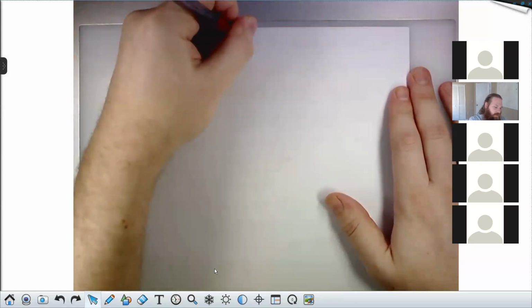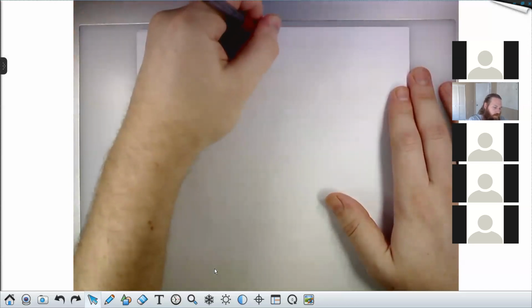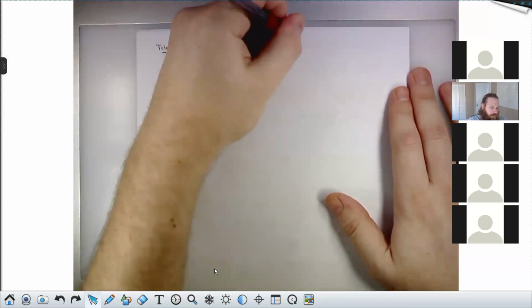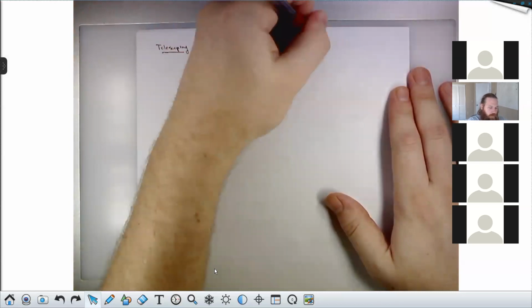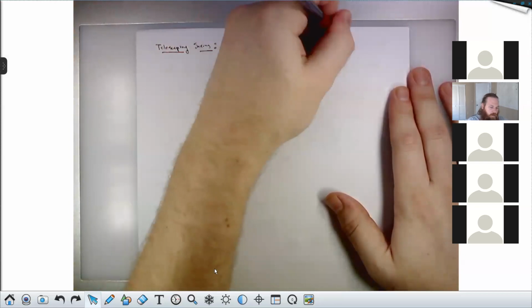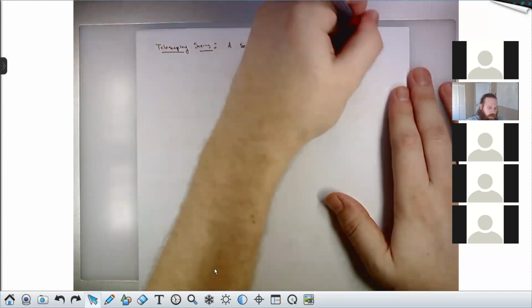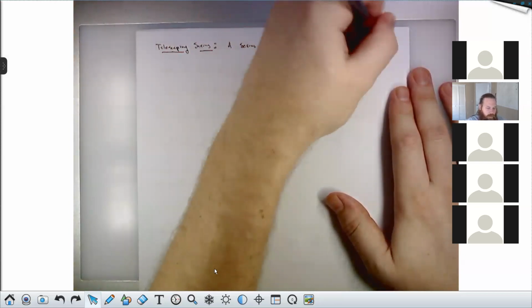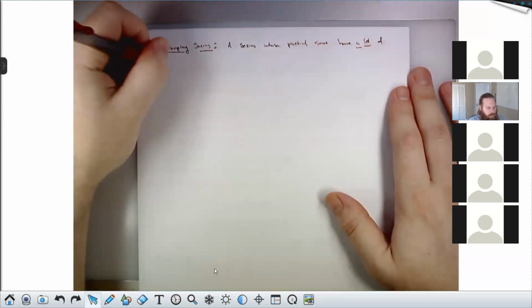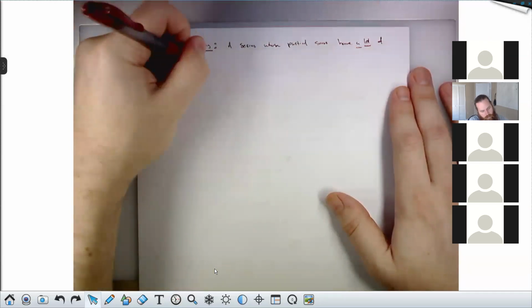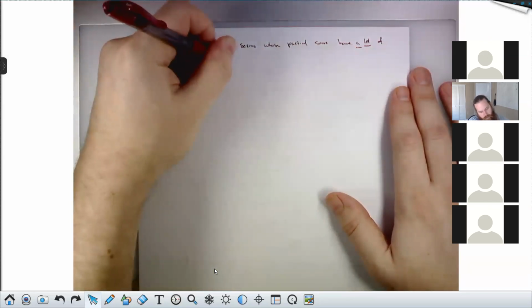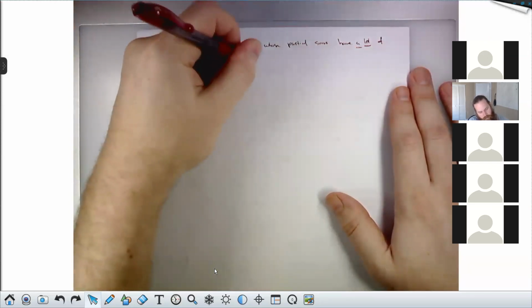A series whose partial sums have a lot of cancellation are called telescoping.